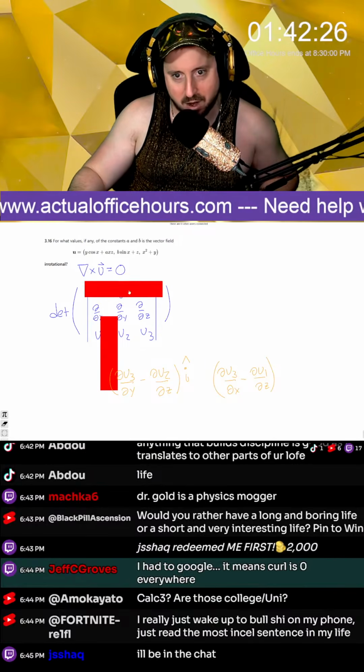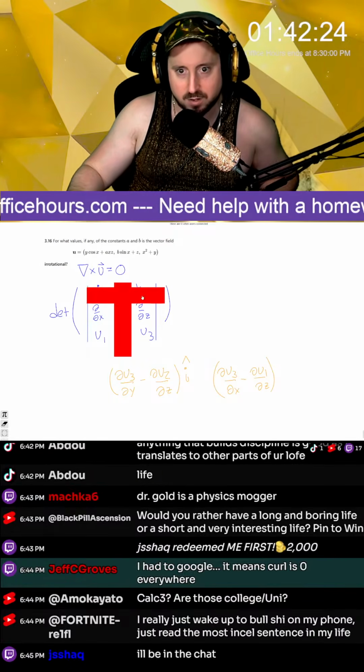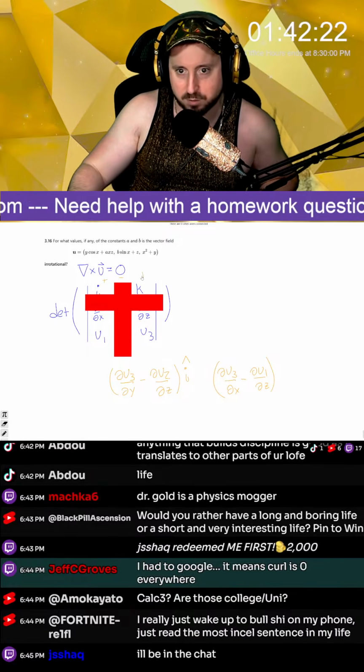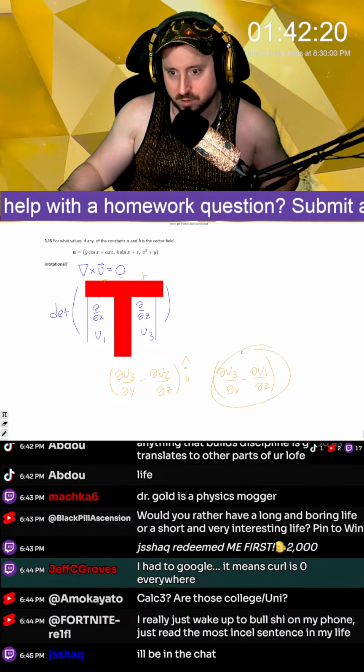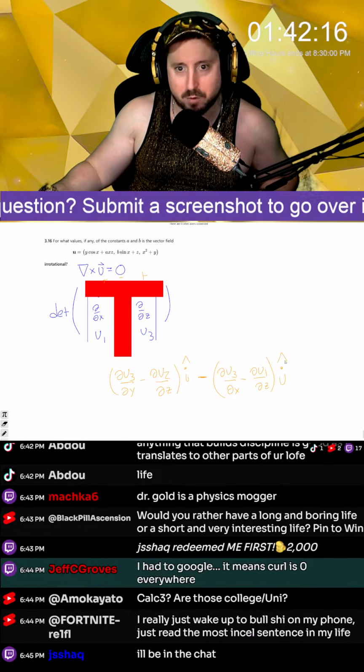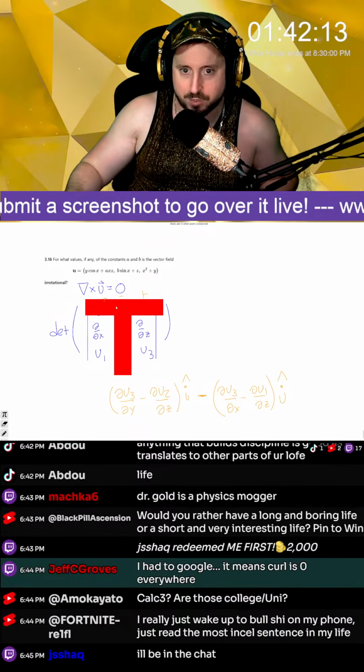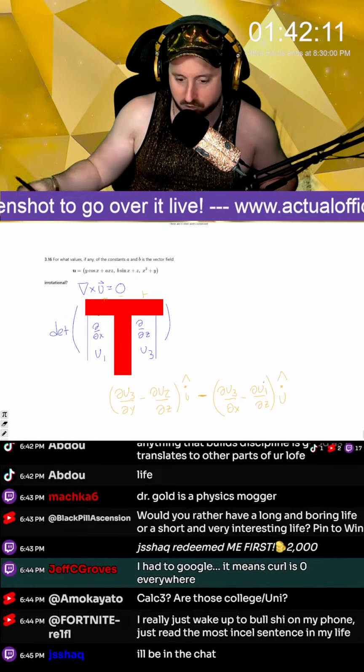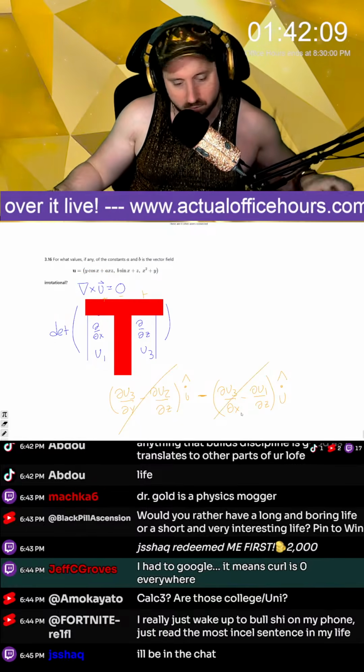It's like a parity thing, going plus, minus, plus. So this is minus this whole thing in the j hat direction. Not that we really care, though. If I want the curl to be 0, I don't care about plus or minus. I just need everything here to be 0.